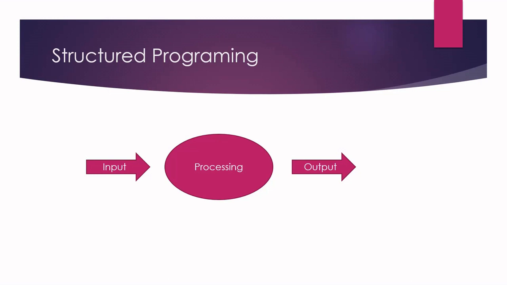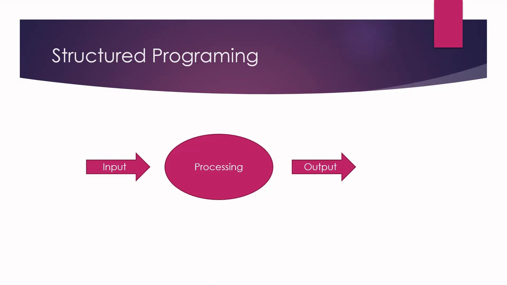The main idea of the structured paradigm is that the processes are implemented by themselves as functions or procedures, independent. Then the data is sent to these procedures to apply the processing, and then sent out of the procedures or functions after the processing is done. So the data and the processes are a little bit independent of each other.